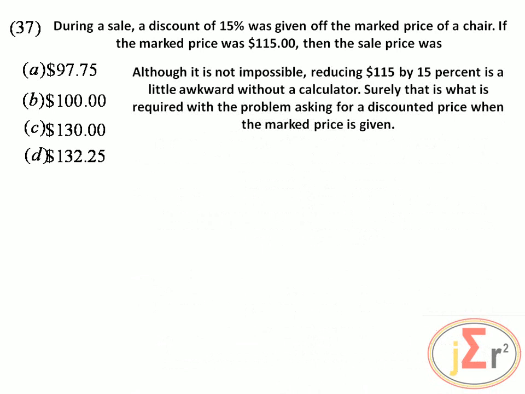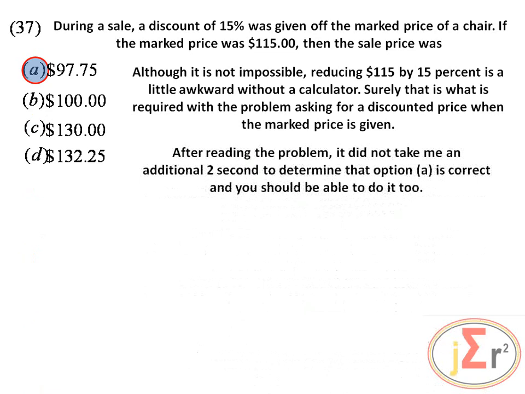Although it is not impossible, reducing $115 by 15% is a little awkward without a calculator. Surely, that is what is required with the problem asking for a discounted price when the marked price is given. We are stating already that the correct answer is option A, but let's see if we can verify that.